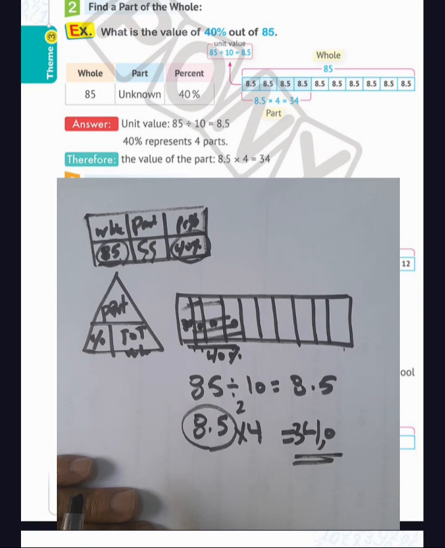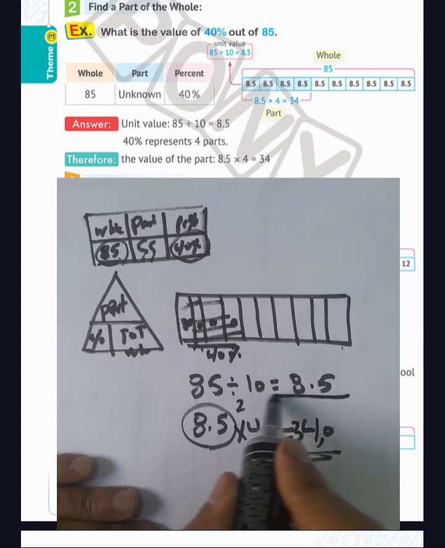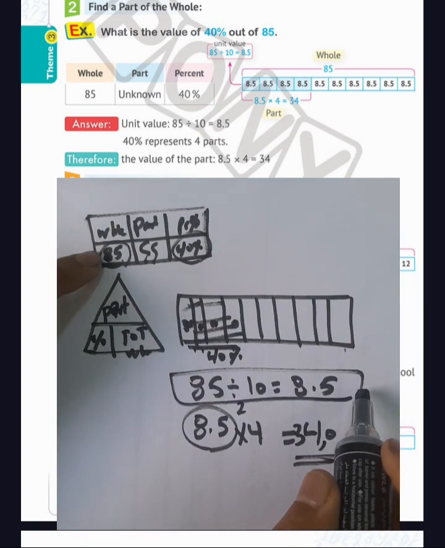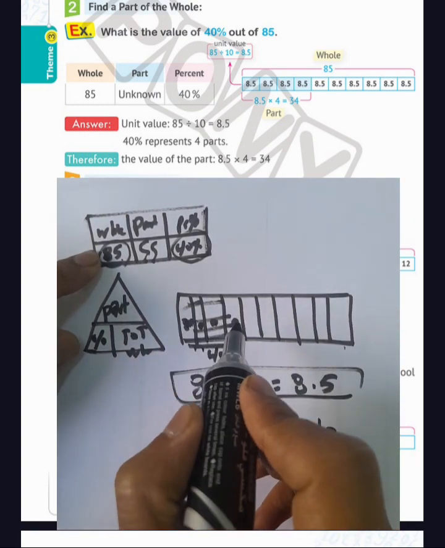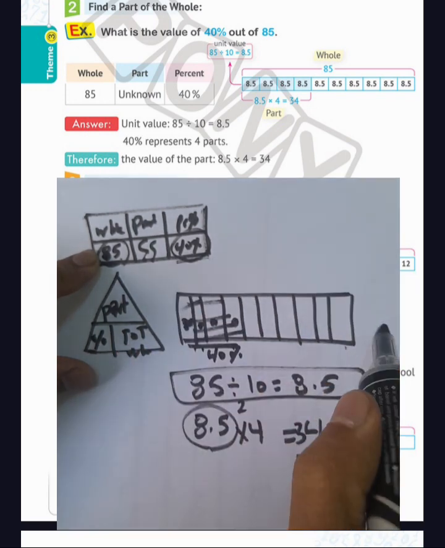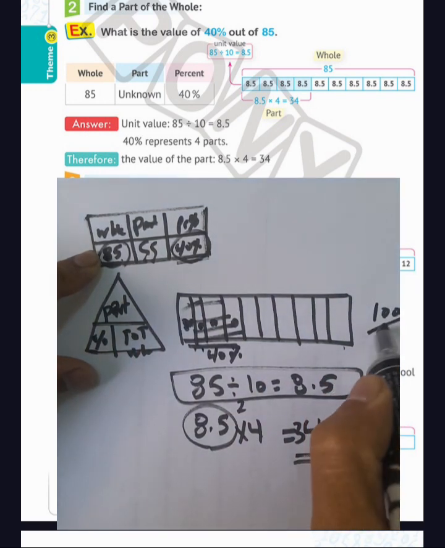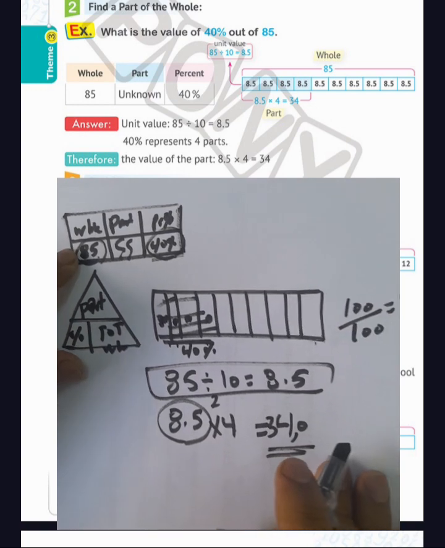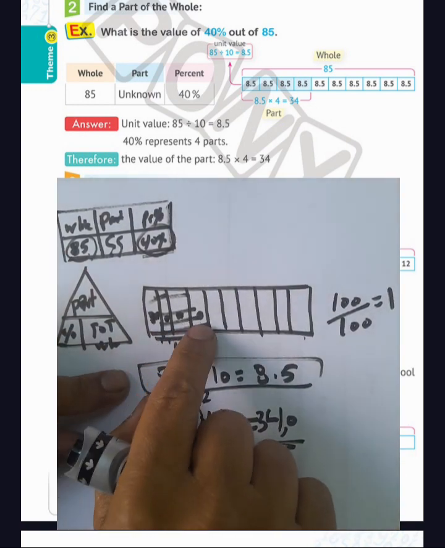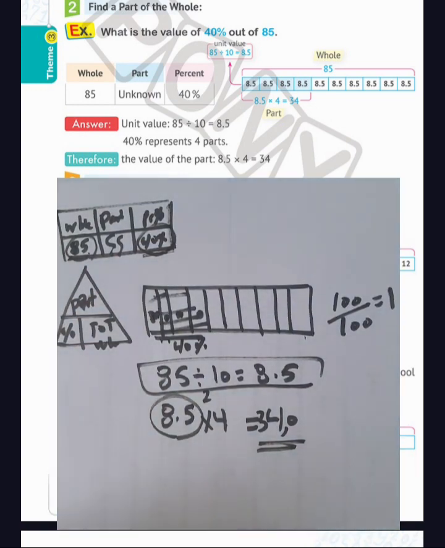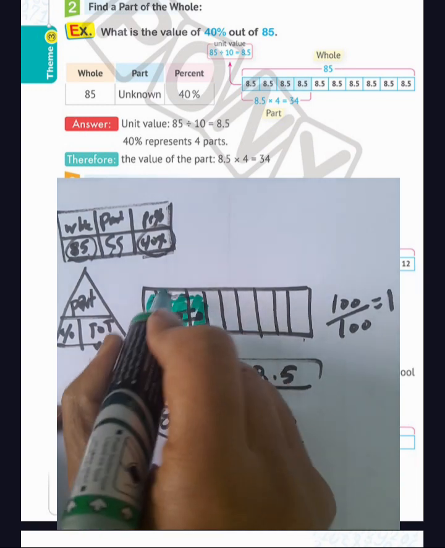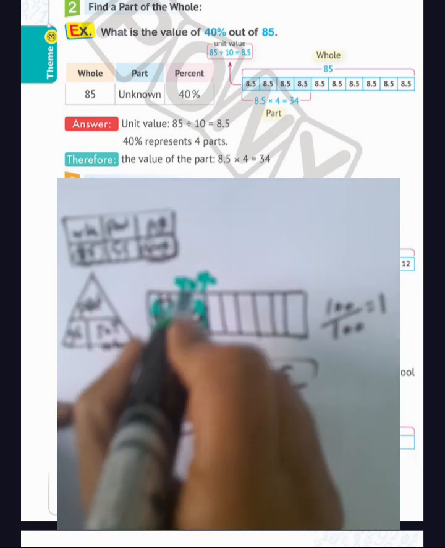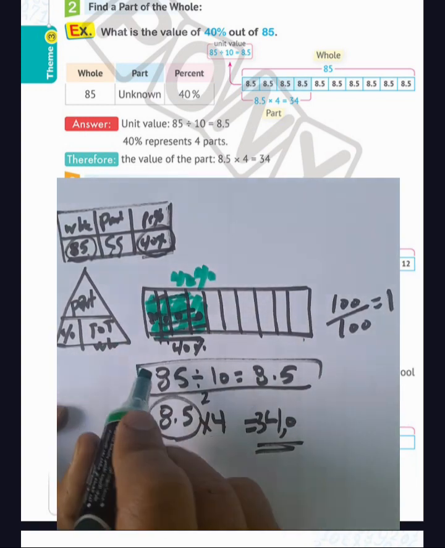Okay. First step, in any example, you must write the total number here divided by 10. And each one of them will be 8.5, 8.5, 8.5. And how many is 40%? The whole will be 100 over 100, equal to 1. Then, how many parts does he want? 40%. 40% means you must add 4 parts. 1, 2, 3, 4. 4 parts means 40%.